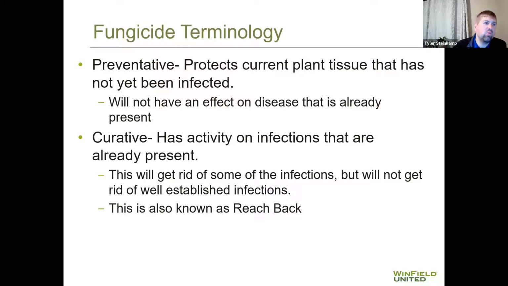And at that point, once the actual fungus has infected into the plant, these preventative type fungicides, specifically the strobilurins, don't have an effect on that disease. Okay, so that's why you're seeing a lot of these premixes coming in with a curative. Okay, the curative basically, the fungicide itself can actually kill the disease once it's infected.